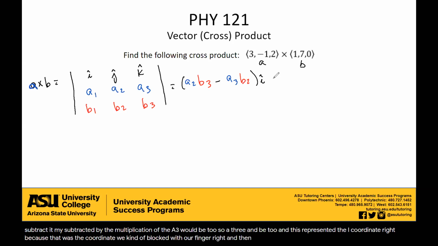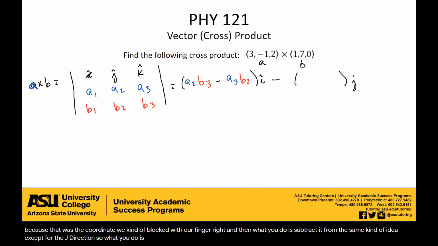Then you do the same idea, except for the J direction, and subtract it. So cover up the J direction. All that's left is A1, A3, B1, B3.